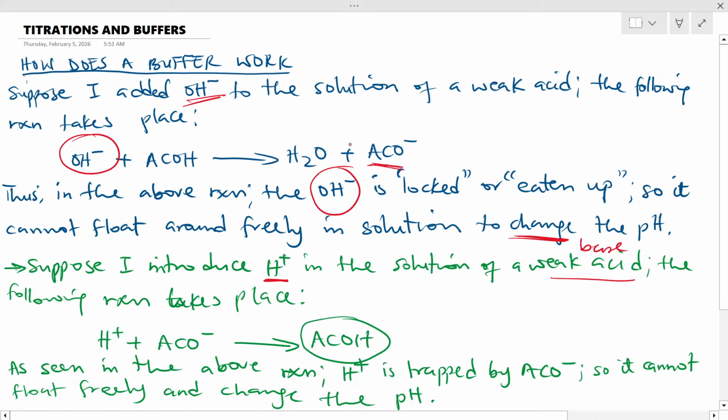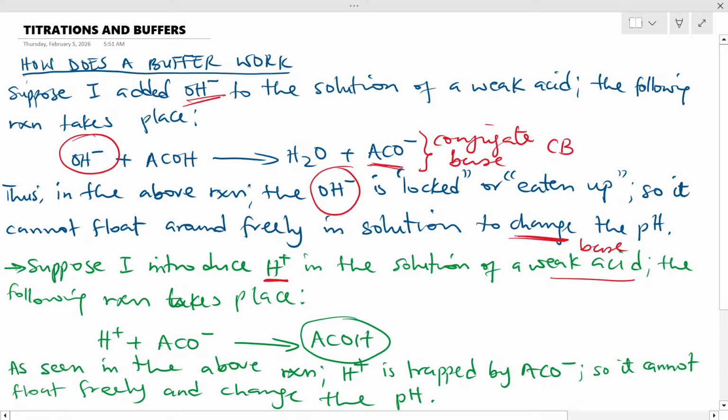Now this acetate is still in solution, and they are saying supposing an H plus is introduced to the same solution that now has what? This acetate. Mind you, in this reaction, this acetate now is representing your conjugate base, your CB.